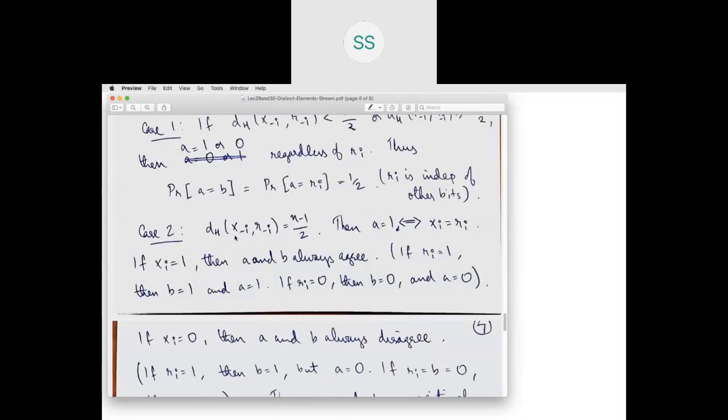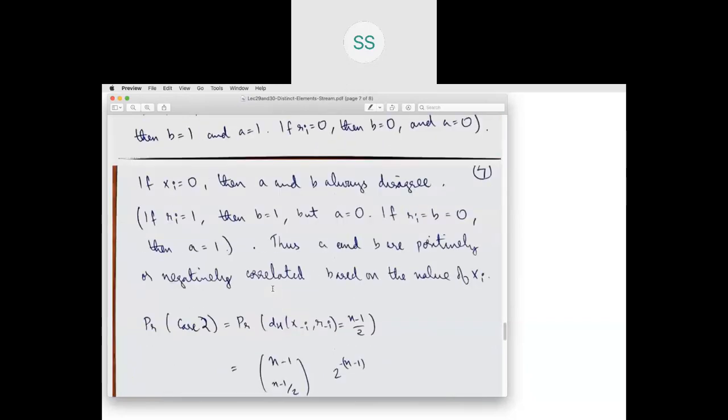Case 2 happens when the Hamming distance between x minus i and r minus i is equal to (n minus 1) by 2. What is the probability that this happens? So we have n minus 1 random bits, and half of them agree with x minus i and half of them disagree with x minus i.